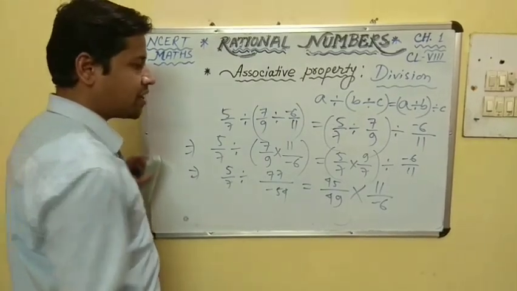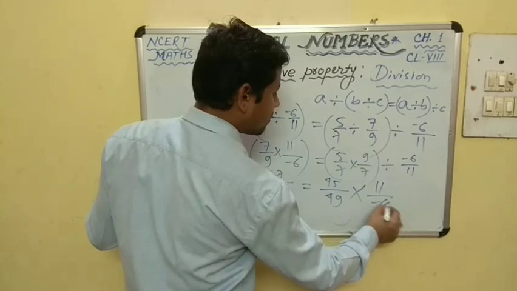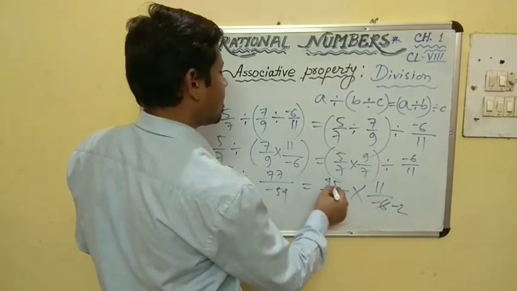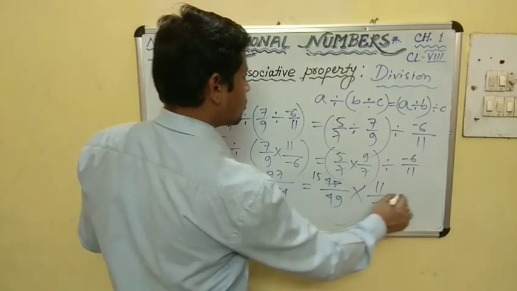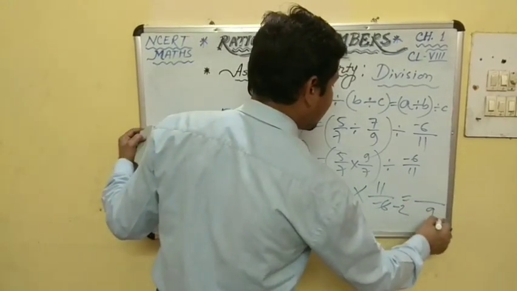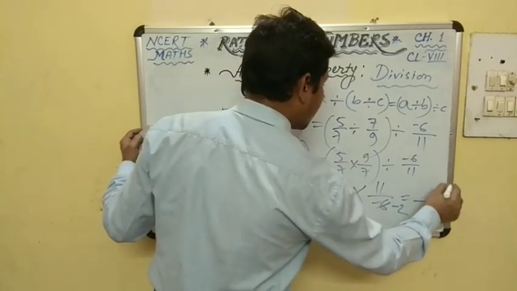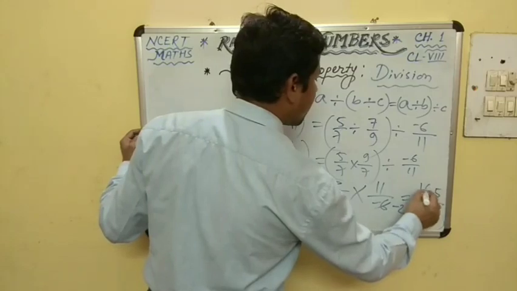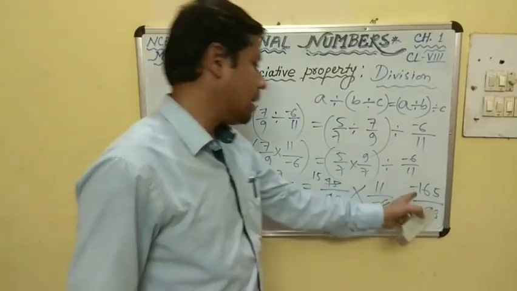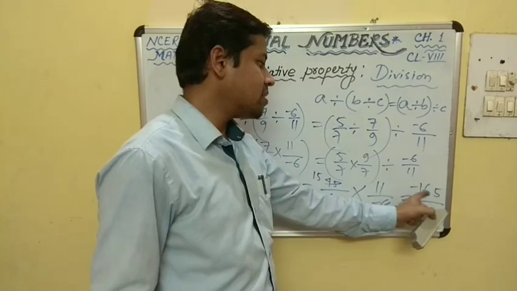If you want to cancel out here, 3 twos are, so it will be minus 2 if you cancel out this minus 6. So 3 twos are, 3 fifteens are. So the result is 49 twos are 98, and 15 elevens are 165.